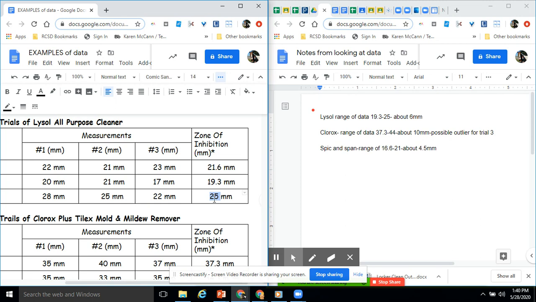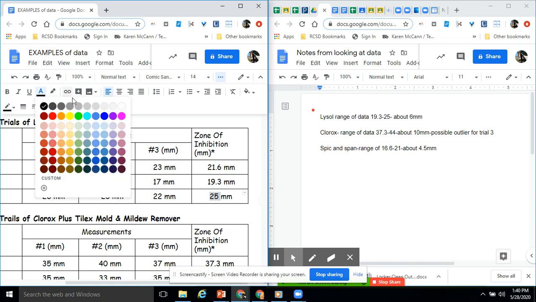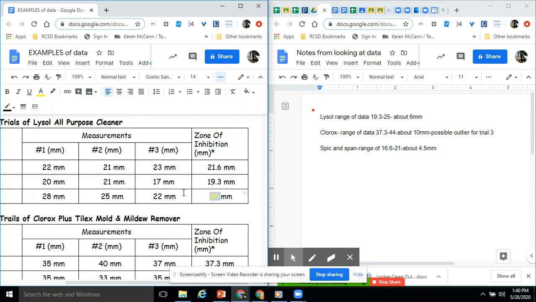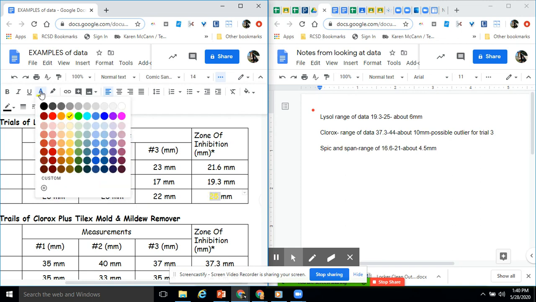So 4 from 25 to 21 versus 2 from 19 to 21. So this could also possibly be an outlier. And the reason outliers are important is because they skew the numbers. That means it messes the numbers up and makes you think something that might not really be true.